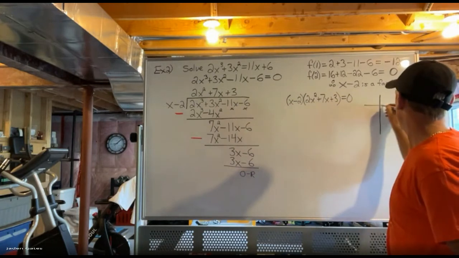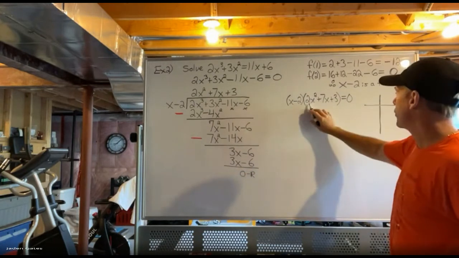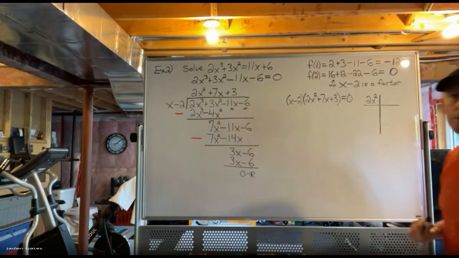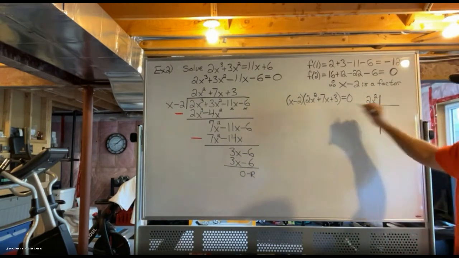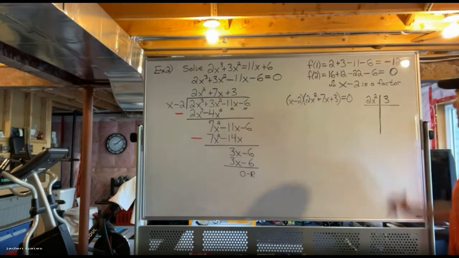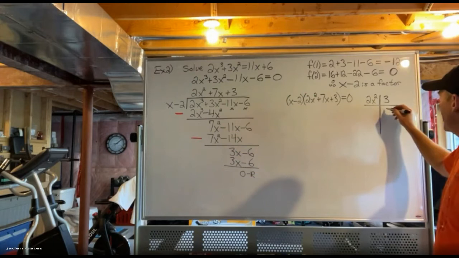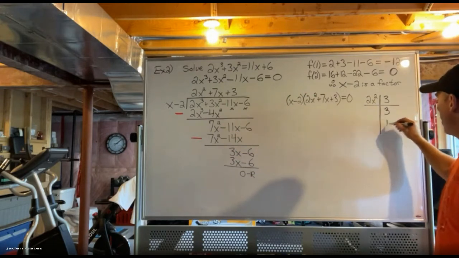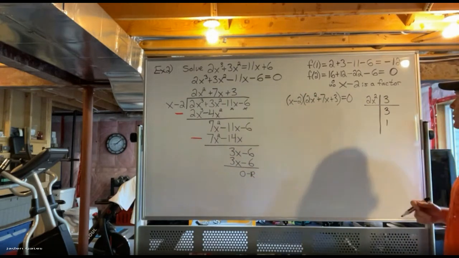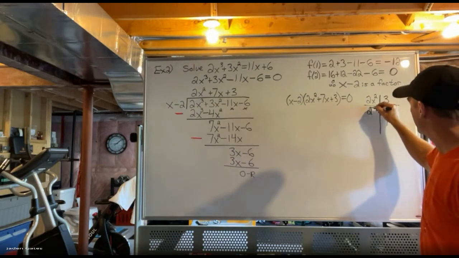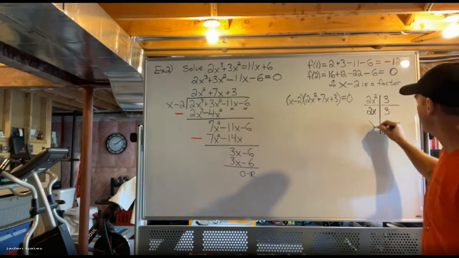So again, I'm going to put my first term in the top left, the 2x squared. Next term, 3. I know two numbers that multiply to give me 3: 3 and 1. Those are the only ones. For 2x squared, I'm going to go with 2x and x.